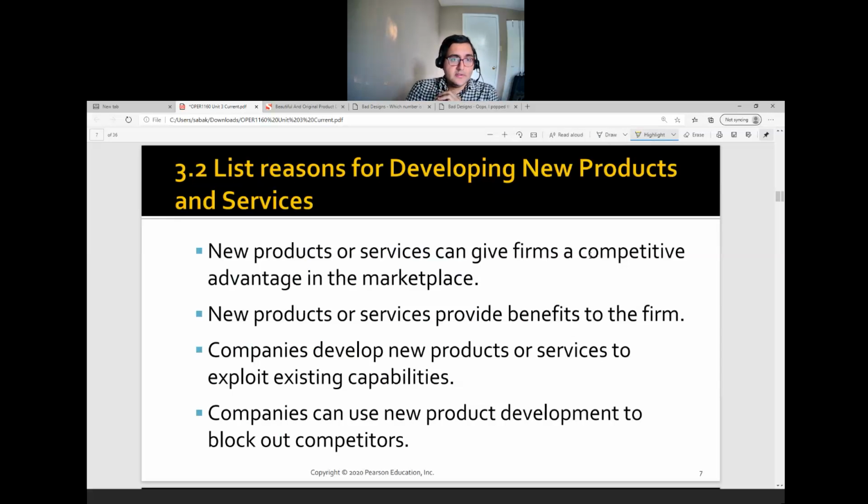Going forward, the next question is, why do companies come up with new products and services? Always remember this. It gives the companies a competitive advantage in the marketplace. So what it means is, if you look at companies which are coming up with newer products, think of Apple as an example.